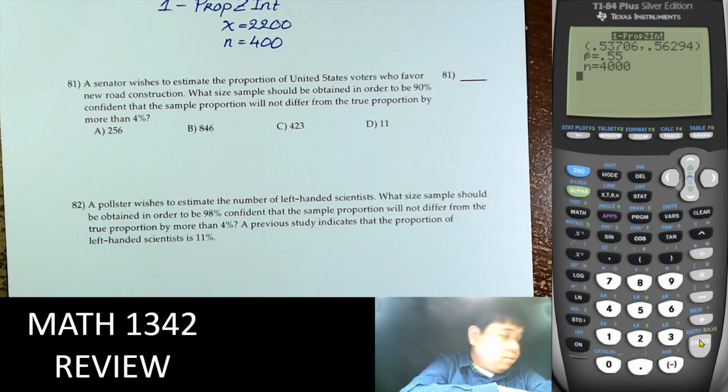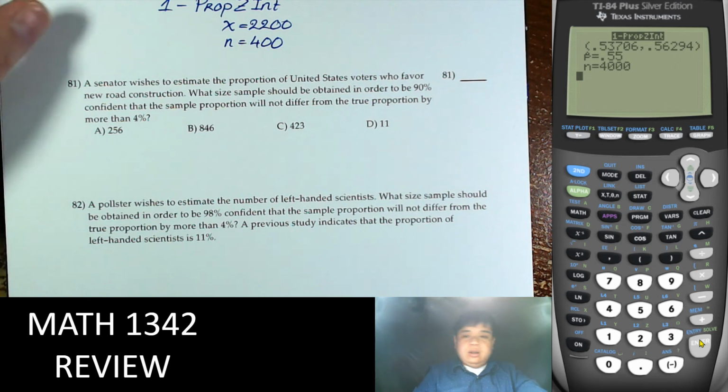Next, a senator wishes to estimate the proportion of United States voters who favor new road construction. What sample size should be obtained in order to be 90% confident that the sample proportion will not differ from the true proportion by more than 4%? Right.